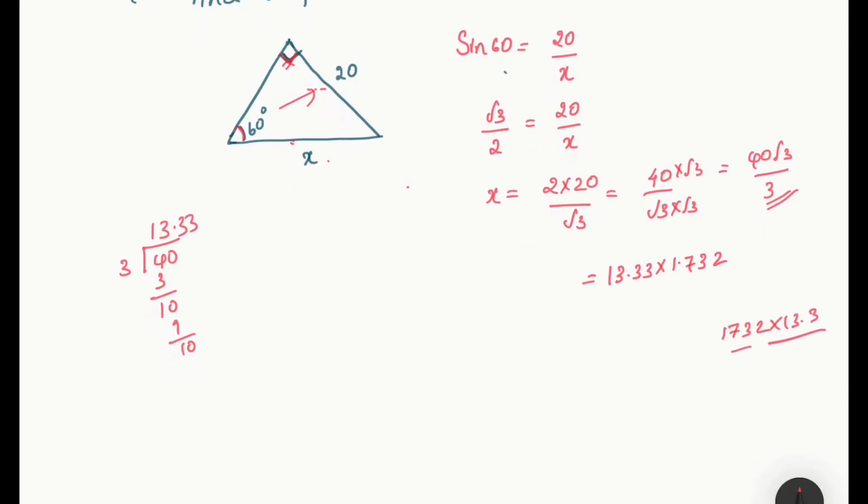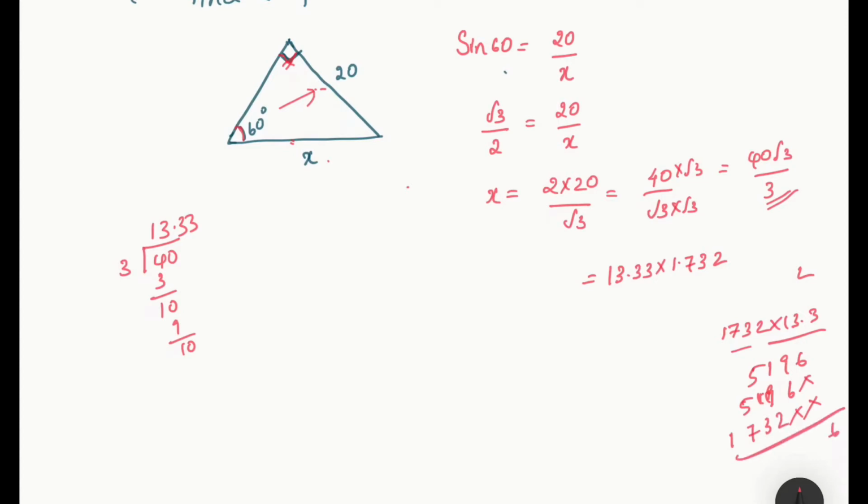3 2s are 6, 3 3s are 9, 3 7s are 21, 2 balance, 3 1s are 3, 5. Into again it remains the same, 5, 1, 9, 6, into 1. So it is 1, 7, 3, 2.